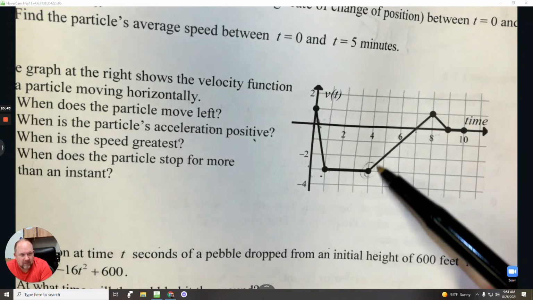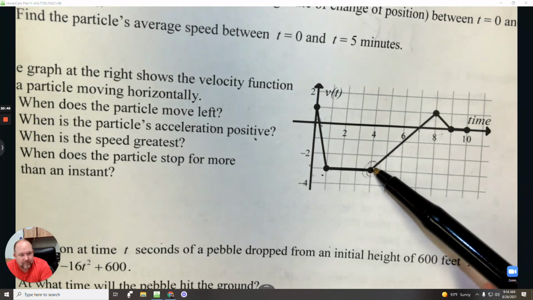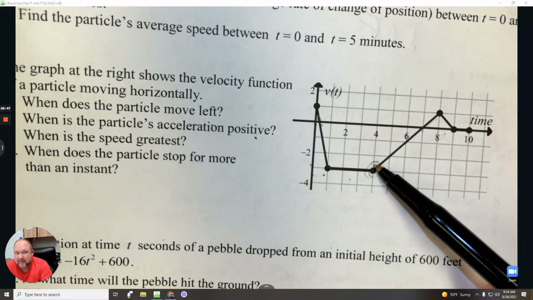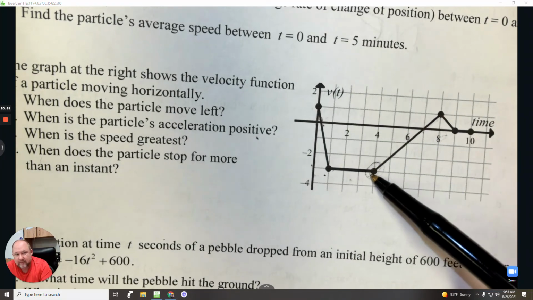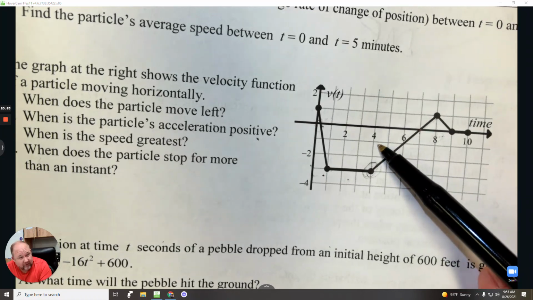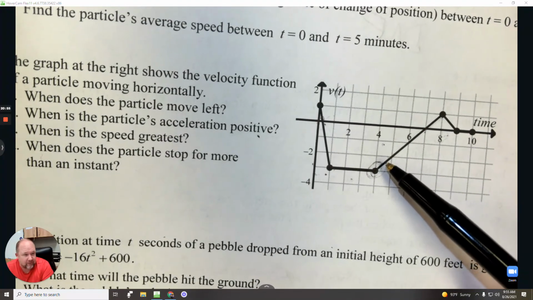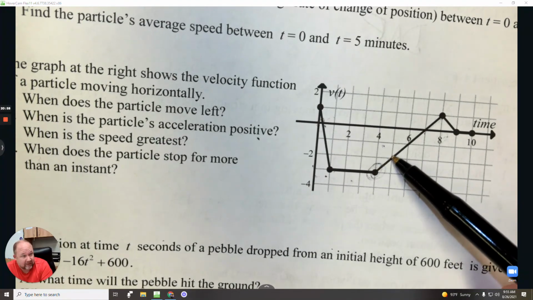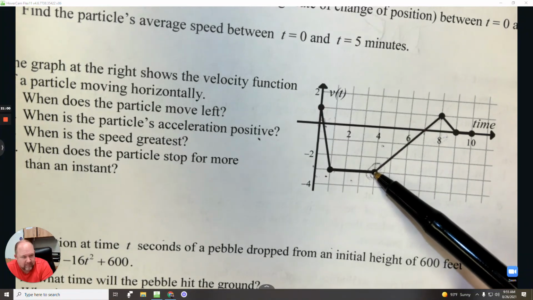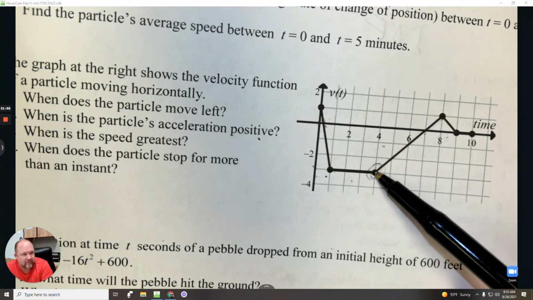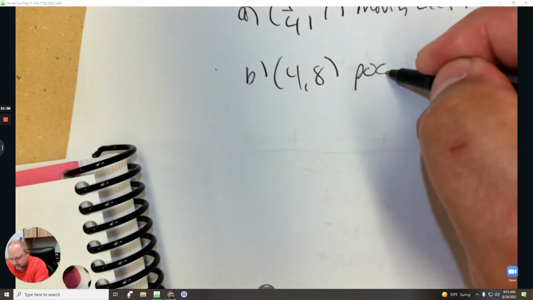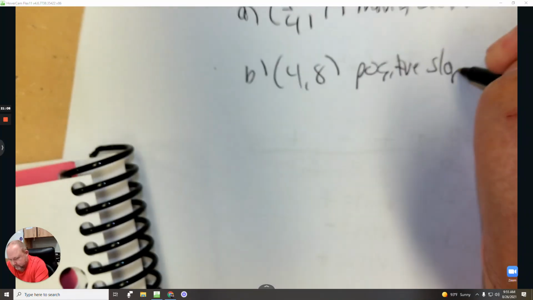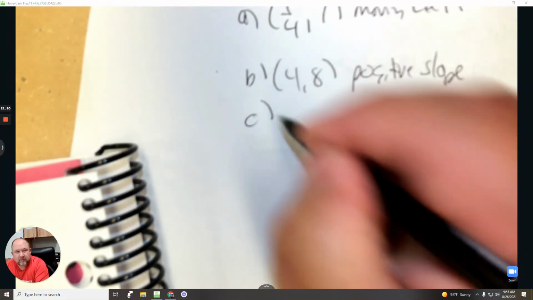So from 4 to 8, it is speeding up. Now it still might be going left, but for acceleration, we're looking at the positive slope. So this is velocity. The derivative or the slope of velocity is acceleration. So where is there a positive slope? And that's from 4 to 8. That's what we're looking at.